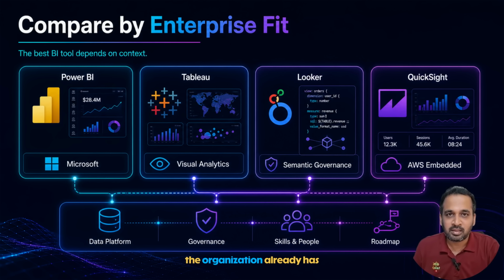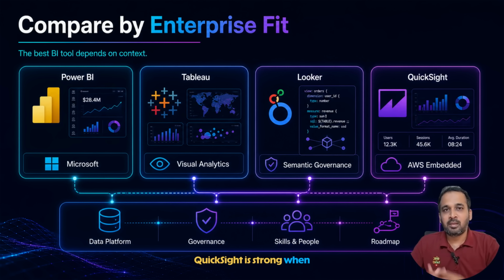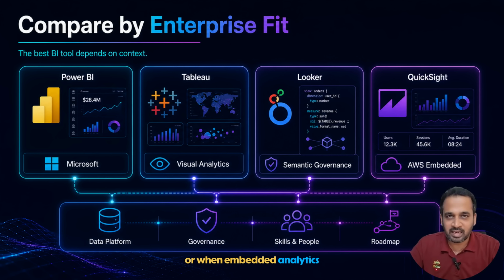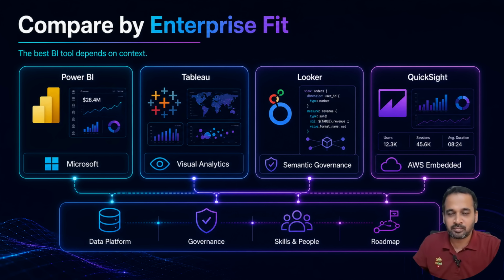It works well when the organization already has mature Tableau skills and dashboard culture. Looker is strong when the enterprise wants a semantic layer-first approach. It is useful when governed metrics and reusable business definitions are important. QuickSight is strong when the organization is AWS heavy or when embedded analytics is a major requirement.